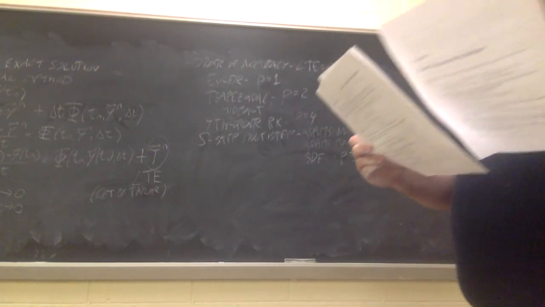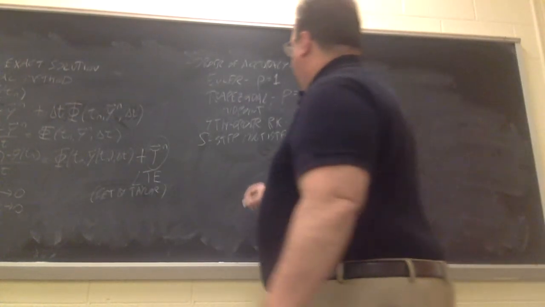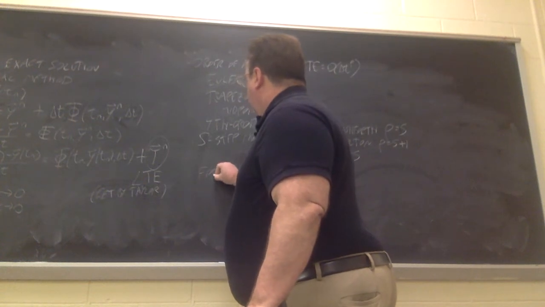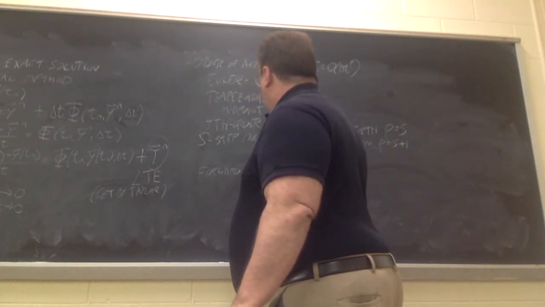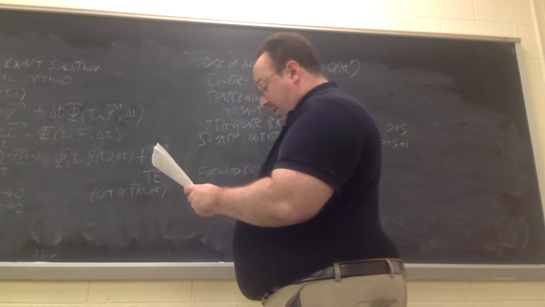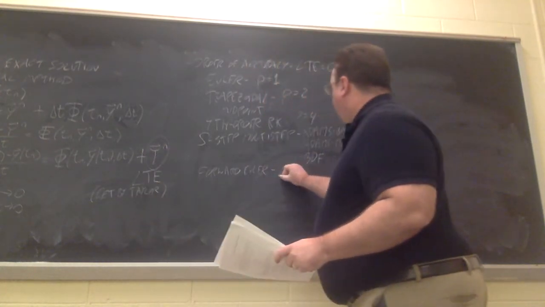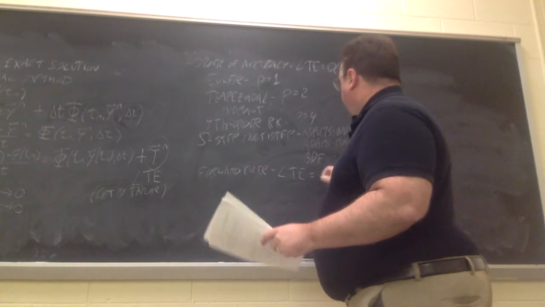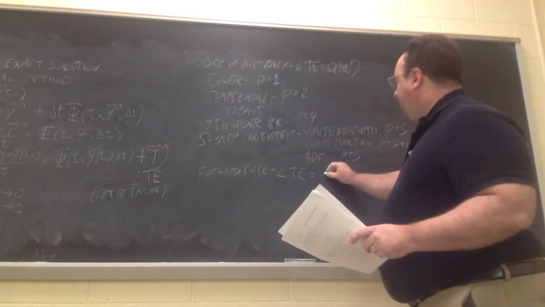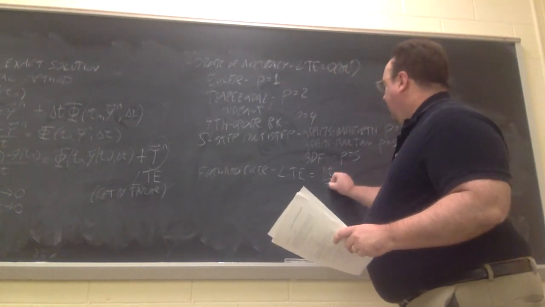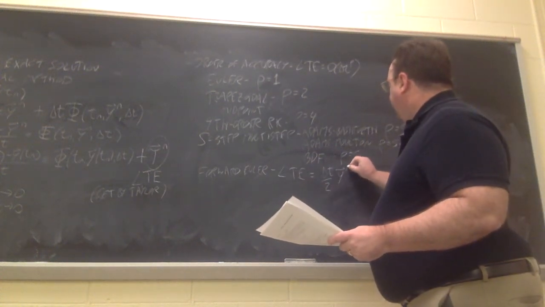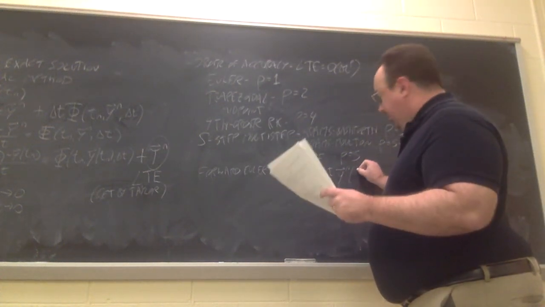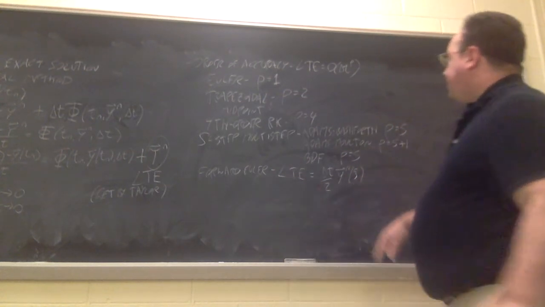For forward Euler, the local truncation error is very easy to describe. All it is is the next term in the Taylor series expansion: delta t over 2 y double prime at some unknown time.